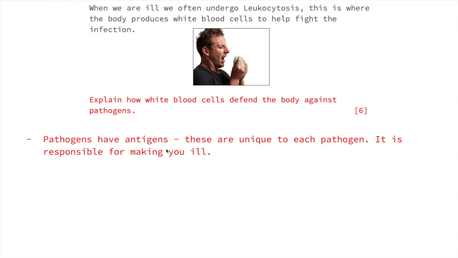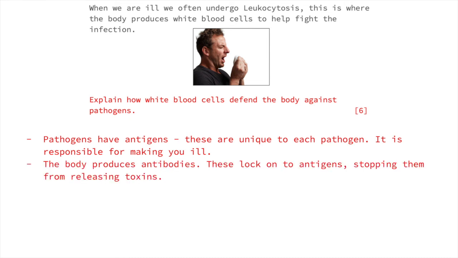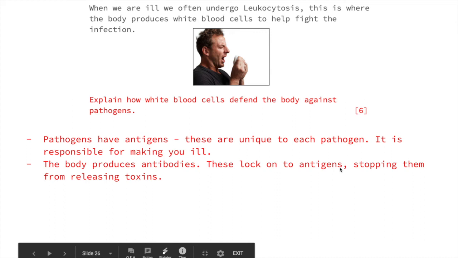So say, how does your body use those antigens and the fact that they're unique to help fight it off? Well, you produce antibodies. These lock onto the antigens and stop them from releasing toxins. So you've shown now that you know what an antigen is, you know how antibodies fight them, and you know that they work together to do that.